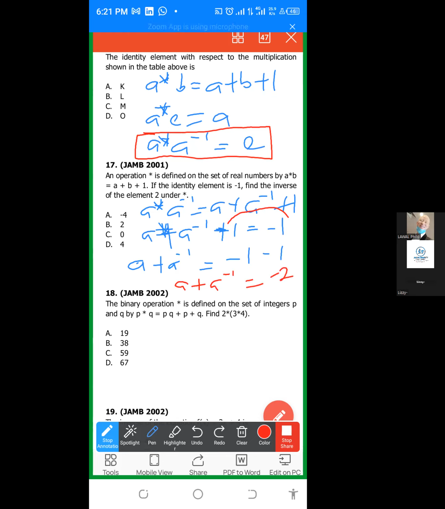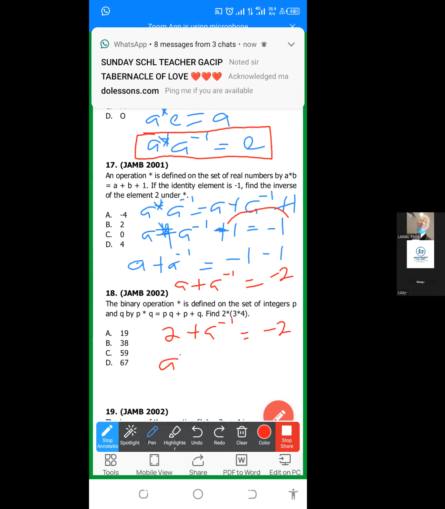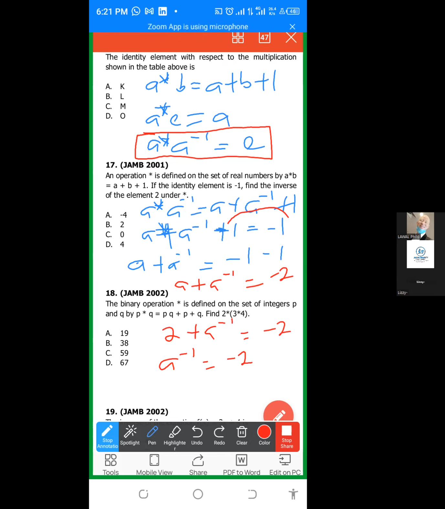They've given us the element, and the inverse of the element 2 is what we are looking for. So instead of writing A, we replace the element with 2. So it will now be 2 plus A inverse is equal to minus 2. This 2 will also go to the other side, and by the time it's crossed to the other side, it becomes minus 2.